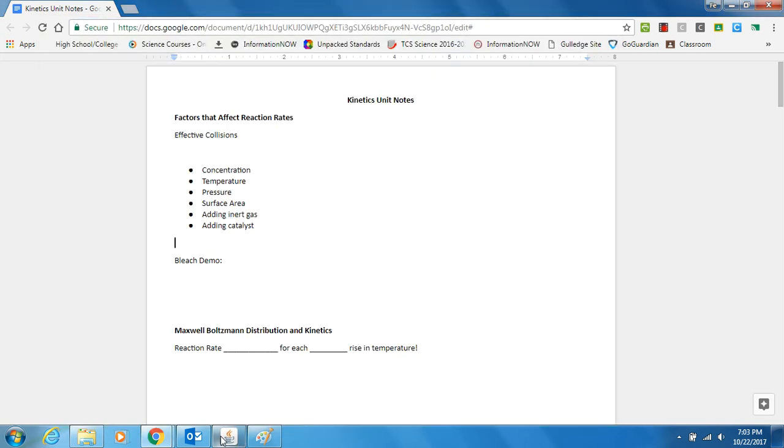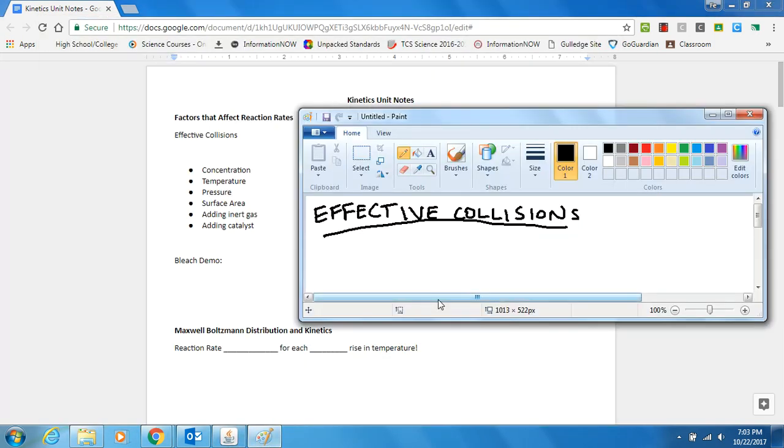On our notes, I want to add the two criteria that must be met in order to have an effective collision. So, step one, we said that you must have sufficient energy to overcome activation energy.